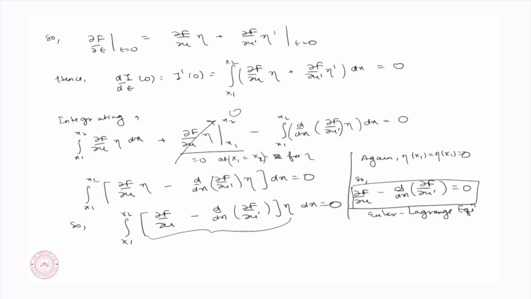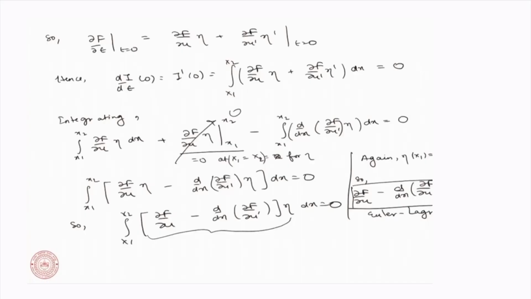Okay. So, let us quickly recap on what we did. We had a functional and in that functional we replaced our y with y plus epsilon eta, that is an approximate solution rather than the exact solution. We differentiated our functional with respect to epsilon and tried to make it 0 at epsilon equals 0.